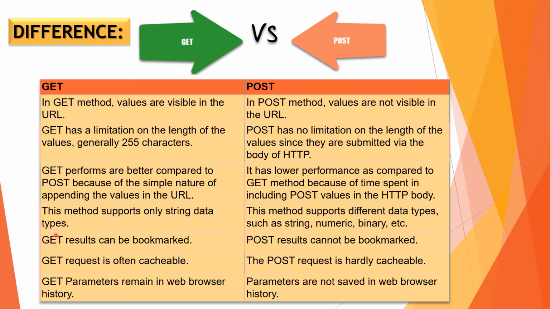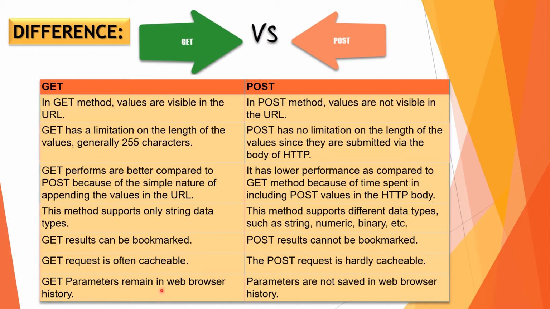But furthermore, the get results can be bookmarked and the post results cannot be bookmarked. The get request is often cacheable. The post request is hardly cacheable. So that is, it is not cacheable.